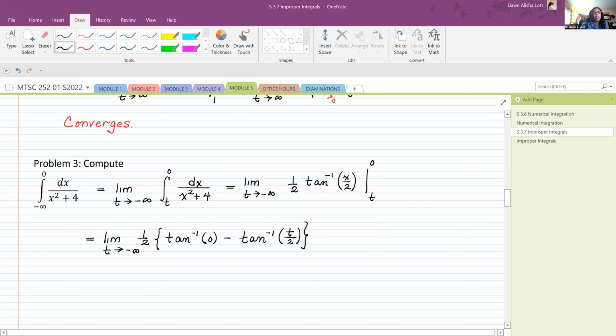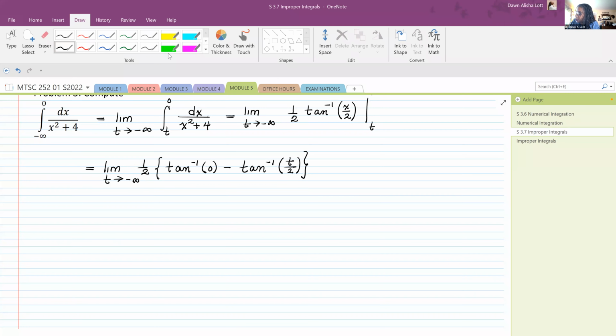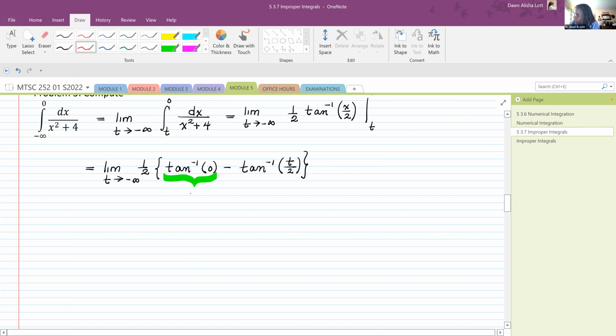Does anybody know how to work with this? Let's call the first term Y1 and the second term Y2.